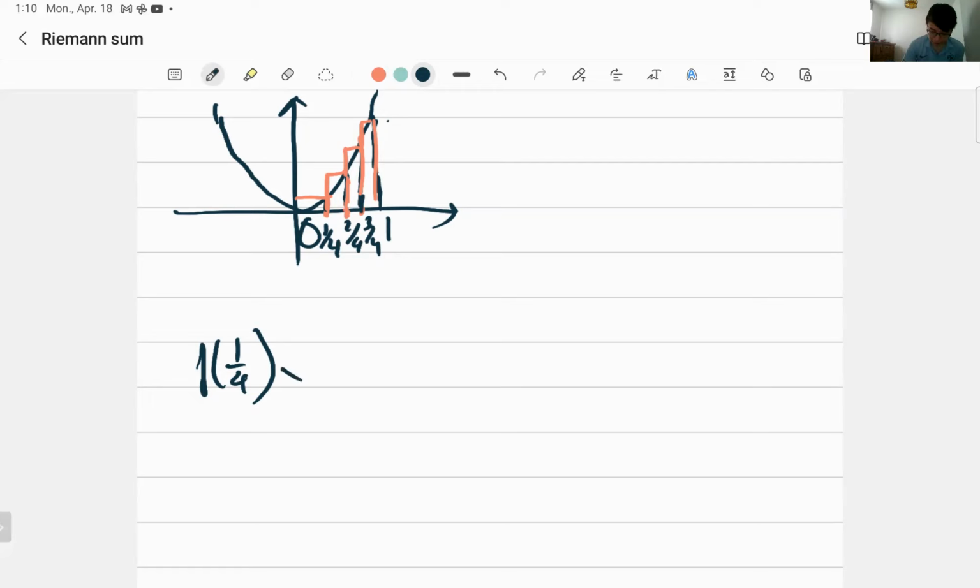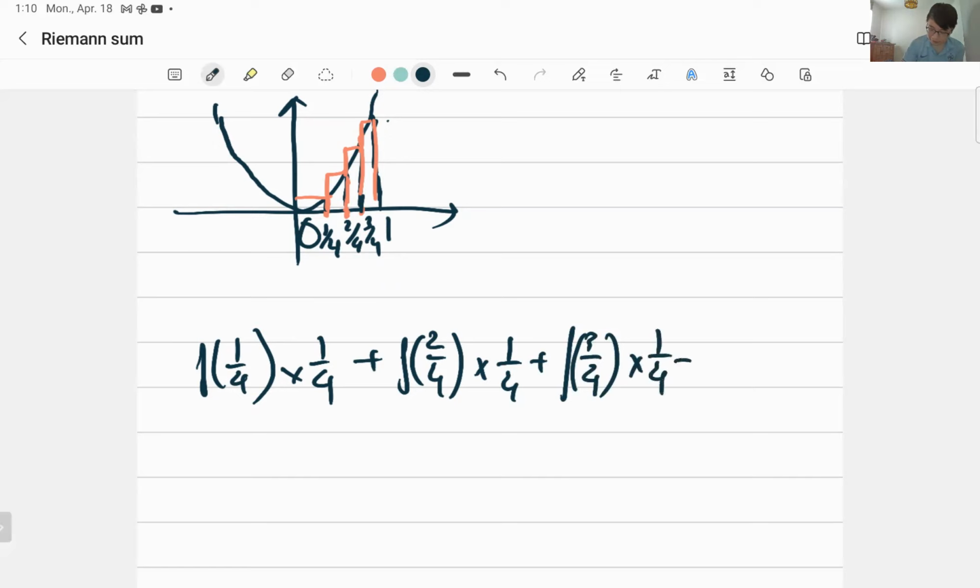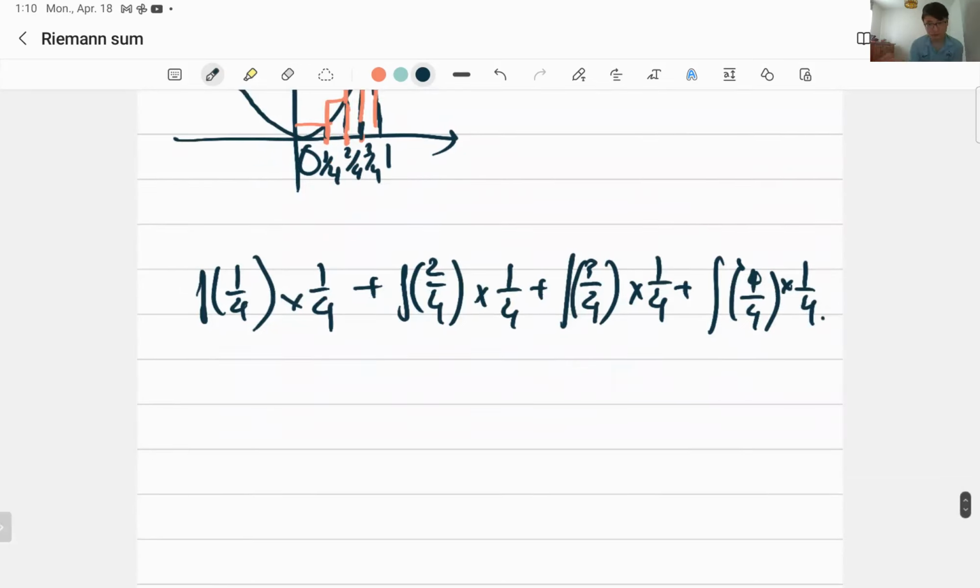So again, f of 1/4 times 1/4, plus f of 2/4 times 1/4, plus f of 3/4 times 1/4, plus f of 4/4 times 1/4. I got lazy about simplifying 2/4 and 4/4, but you can simplify if you want.